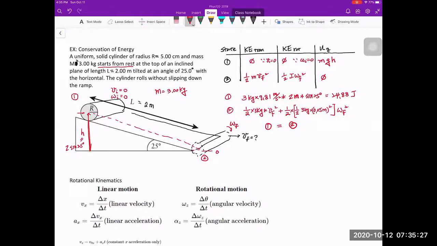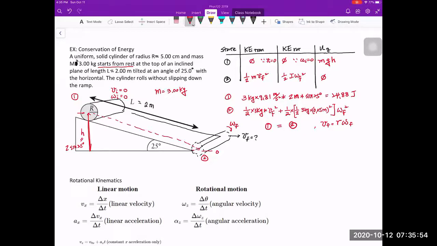Then how do we find the solution? You have to use another equation that we emphasized before. The tangential velocity is equal to R times omega. So the final velocity of the object is going to be equal to R omega final as well.